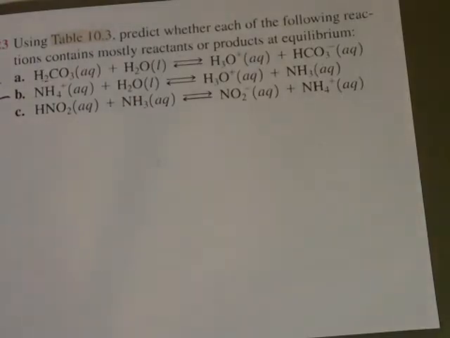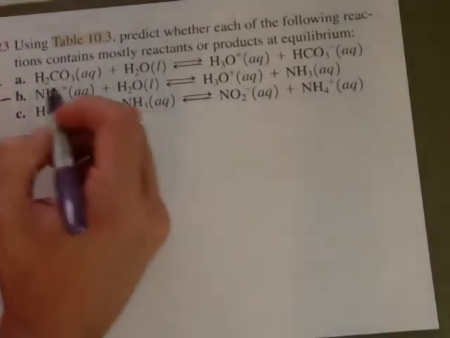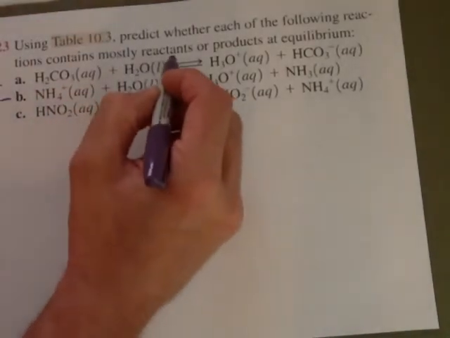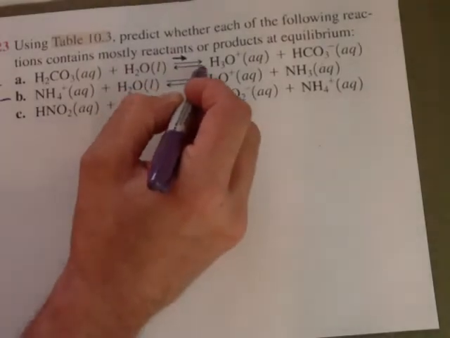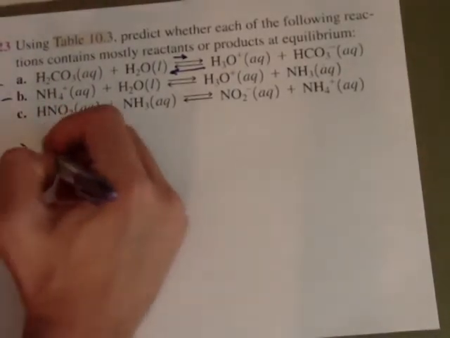Carbonic acid is a weak acid, and a weak acid has a strong conjugate base. So if it's a weak acid, we're not going to dissociate very much, and we're not going to make very much product. And so here in A, we're going to have a little go in this direction, but more so in this direction. And so we're going to have mostly reactants.